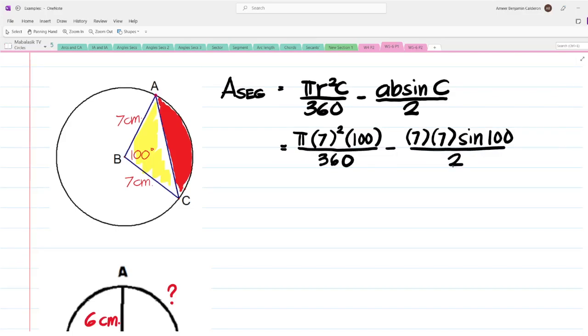And then we use our calculator and press everything.